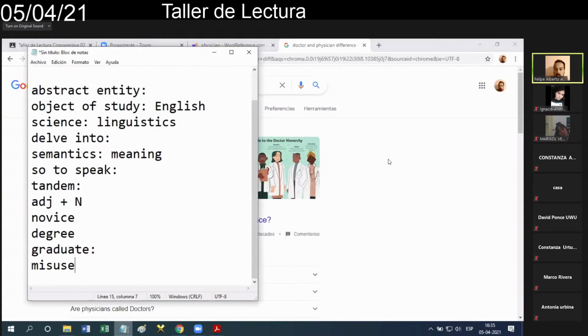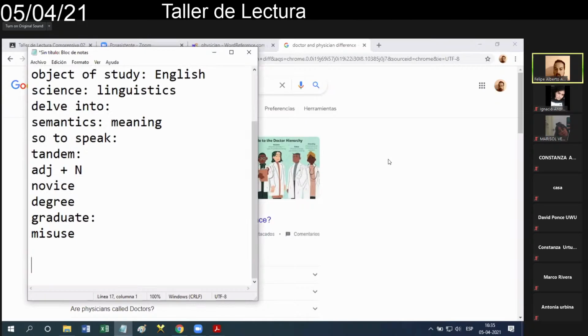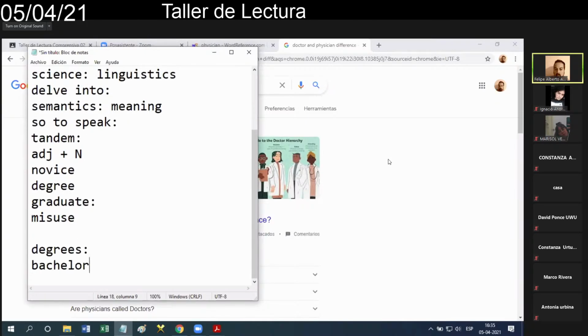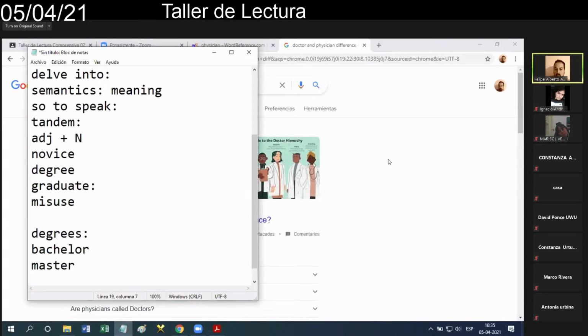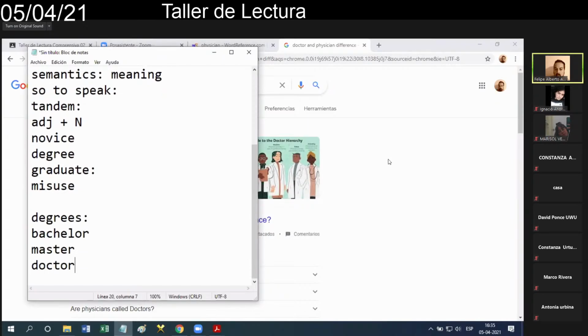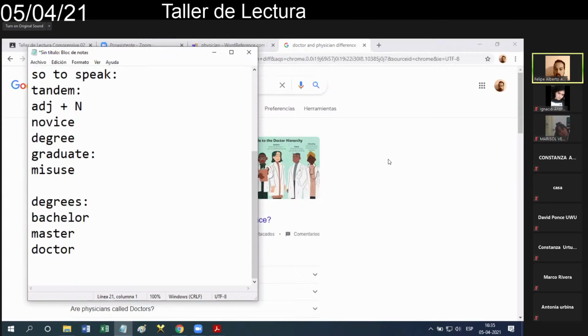And I'm going to teach you something else. When we talk about degrees, never forget that concept. We start with the bachelor, and then the master and the doctor. These are the degrees in English. For example, hey, listen to me, dear students. When you finish your course of study, profesor, ¿cómo se dice carrera?